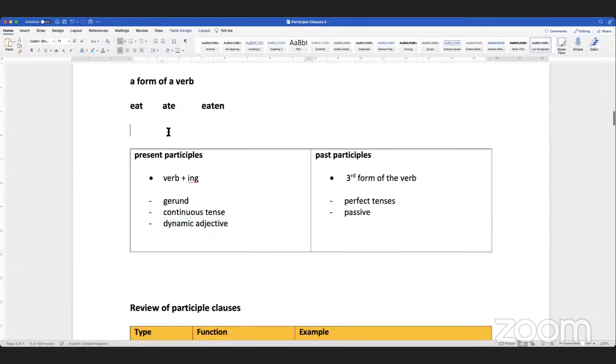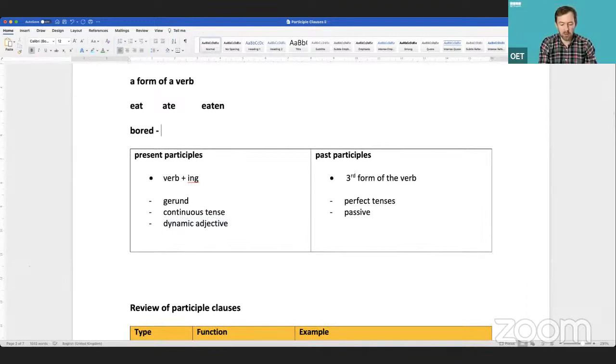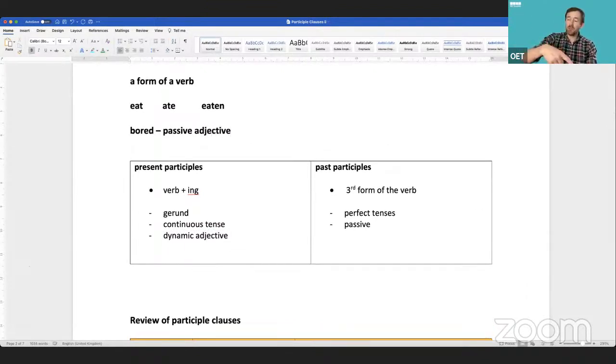So basically, bored is what you'd call a passive adjective. I would call it that because it happens to you. I am bored. Boring, I call dynamic because it means I'm doing it. I do it, or that does it. So there are other words that you can't do that with. For instance, delicious: you can't say it's deliciousing.